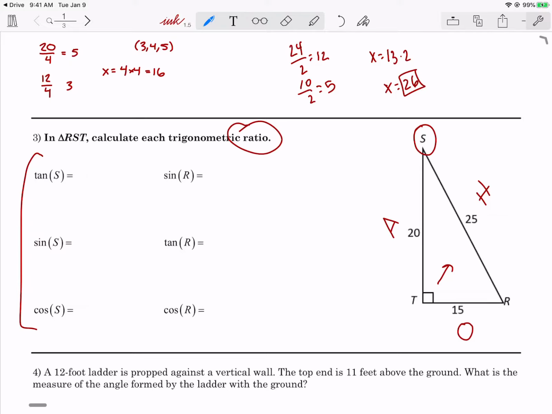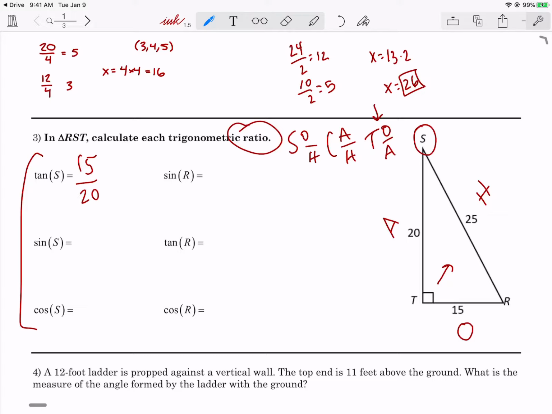Once you have everything labeled, think back to SOHCAHTOA. Please write it down and use it. So first one, tangent of S. Tangent is O over A, so I already have those labeled. O over A is going to be 15 over 20.